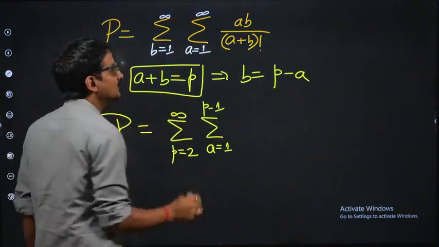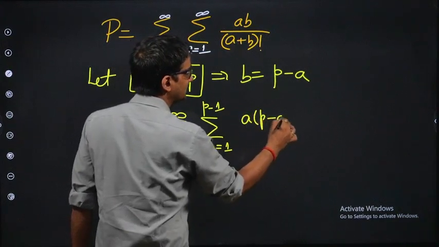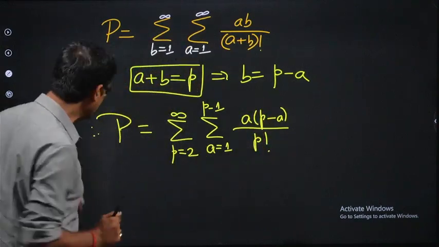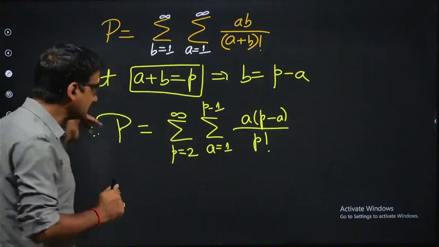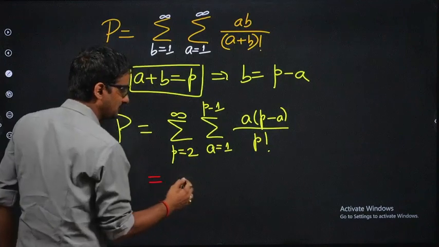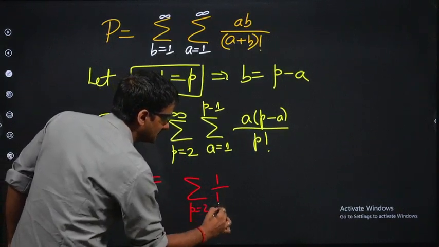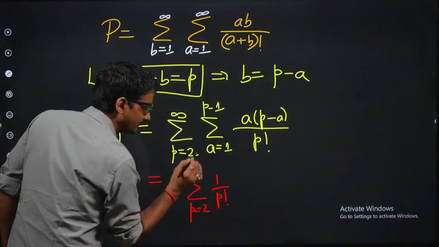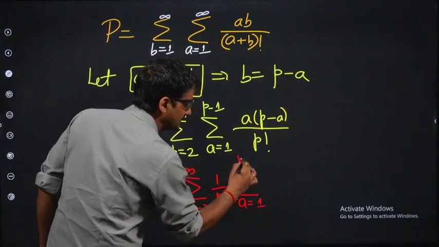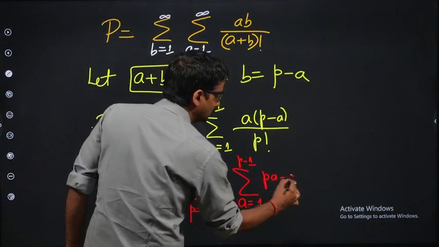Now it's a times (p minus a) over p factorial. Again, a and p are two independent variables, so you can take p factorial out, because it appears in the denominator as a product. Then the sum over a from 1 to p minus 1 of (pa minus a square).